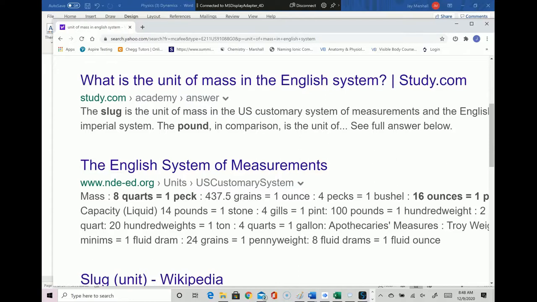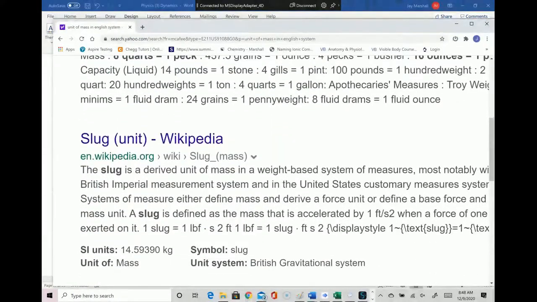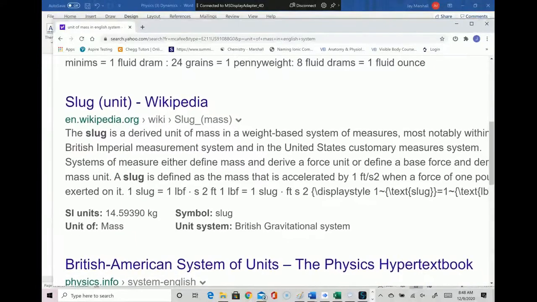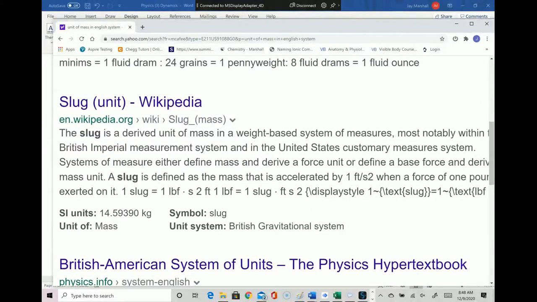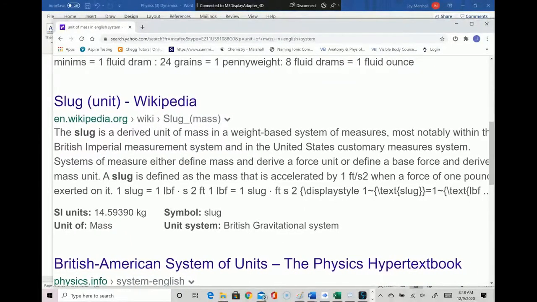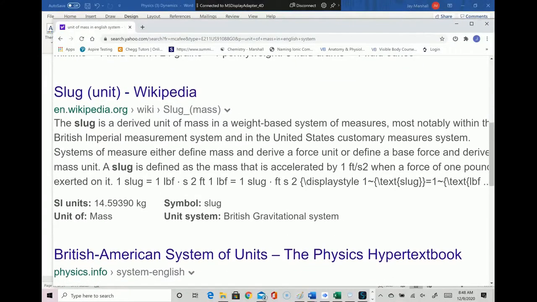Okay, and the slug, let's see. The slug is defined as the mass that is accelerated by 1 foot per second squared when a force of 1 pound is exerted on it.